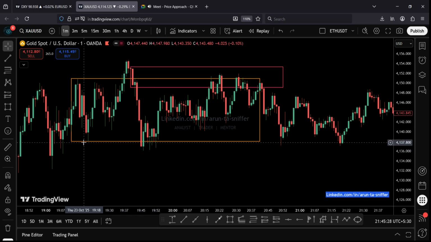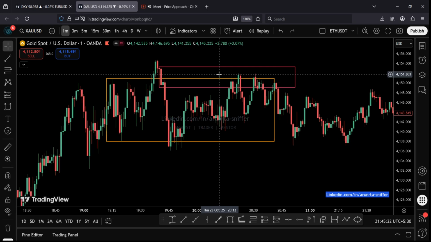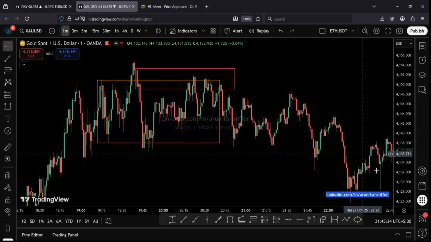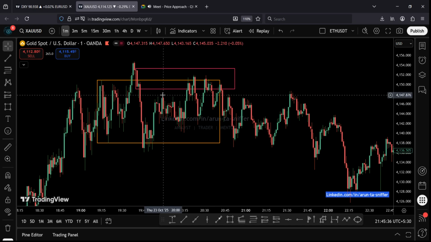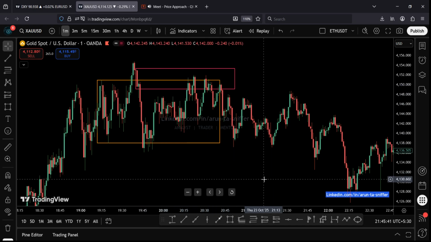Price came back, broke this low, and then goes back again to DP, and then falls from here. And this created what? Cancan. Right?